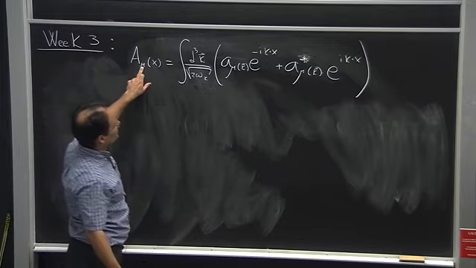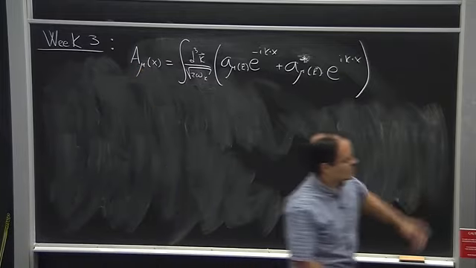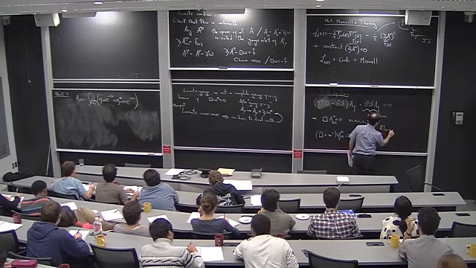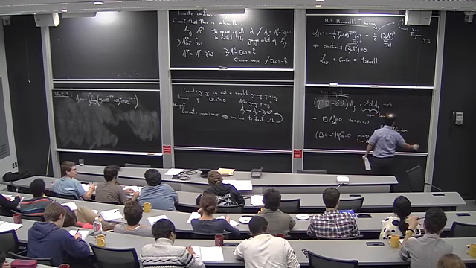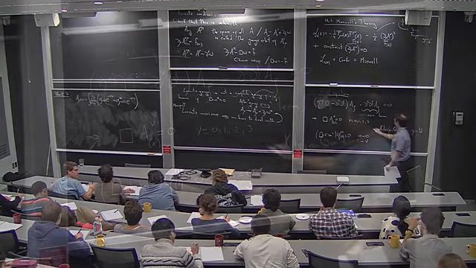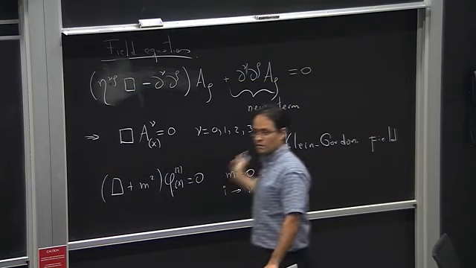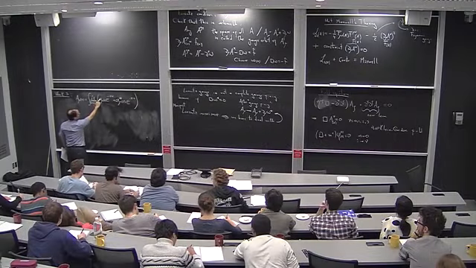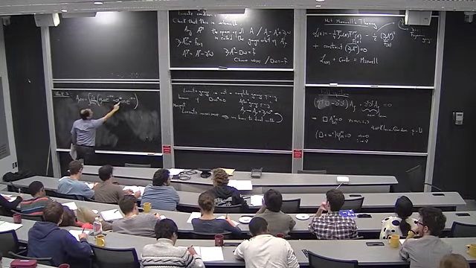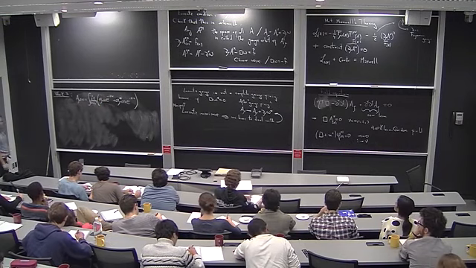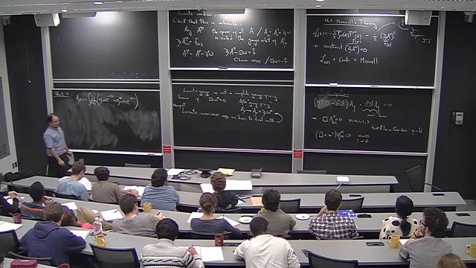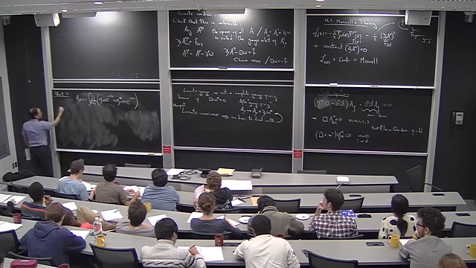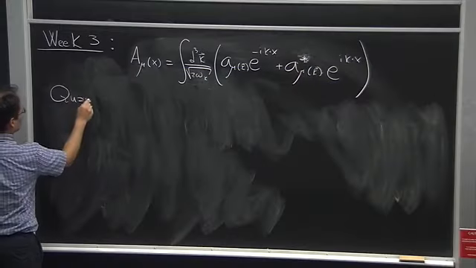For each component, we have exactly the same solution that we had for a Klein-Gordon field. We have 4 Klein-Gordon fields. We just solve for each one of them, and we call the momentum components of each one of them by the index that they have. Right? So far, so good. Now let's do the quantization of this.